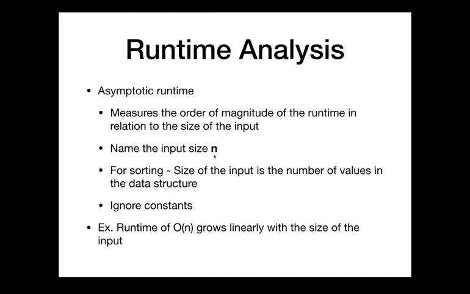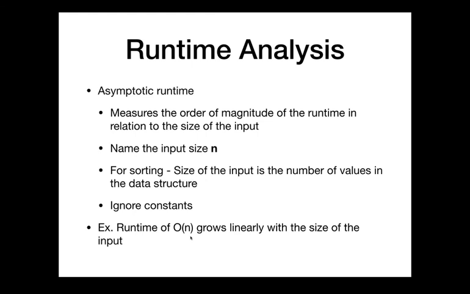So for some input of size n, which is typically the number of elements in our data structure when we're talking about sorting, when you talk about data structures next semester, it's going to be the number of elements in that data structure. And we want to measure the rate of growth in terms of that. So how does the runtime grow as the size of the input grows?